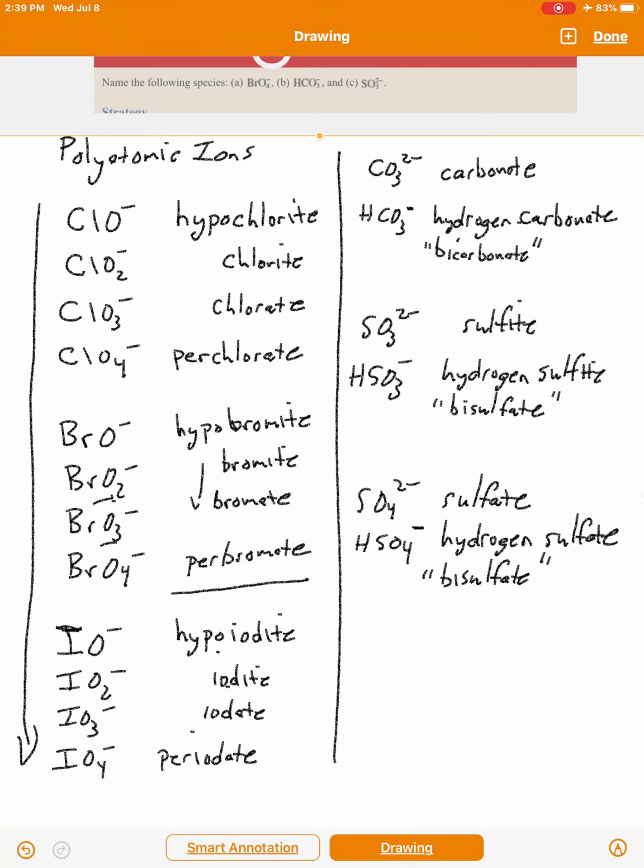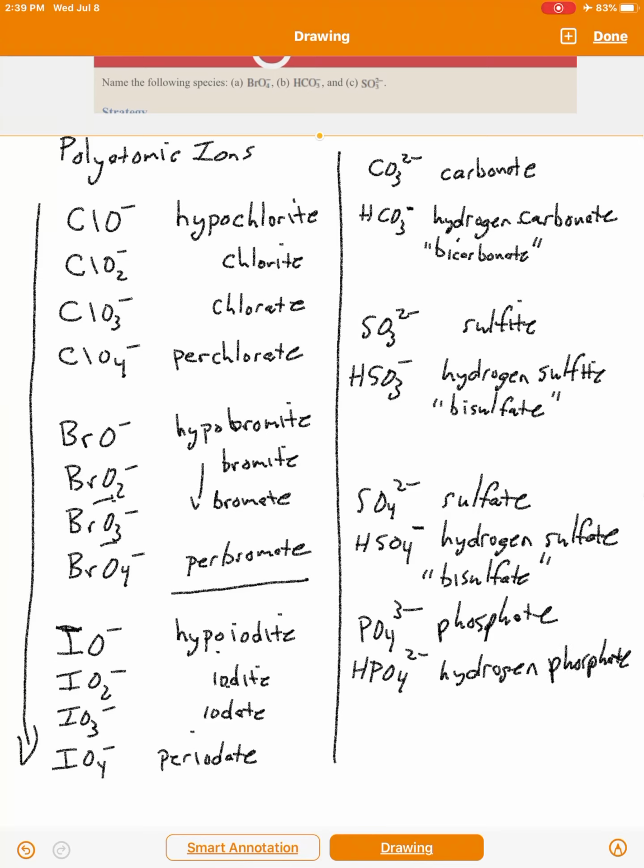Do the same thing with phosphate. PO4 3-, phosphate. Remember, these are polyatomic ions you need to memorize. They're in the table in this section. If you add one hydrogen, it becomes -2, and this is called hydrogen phosphate.